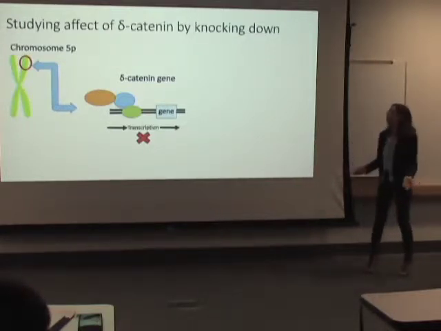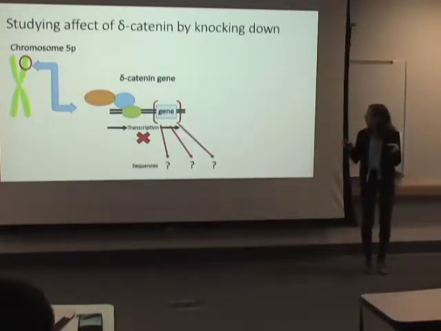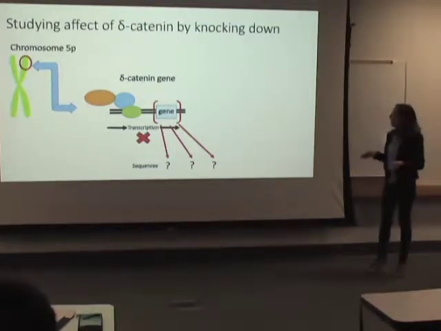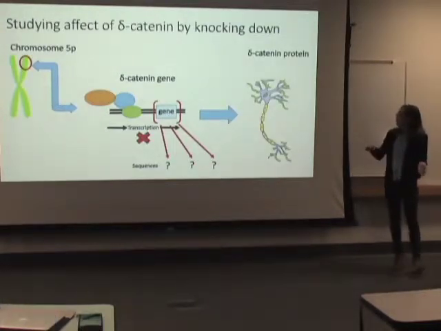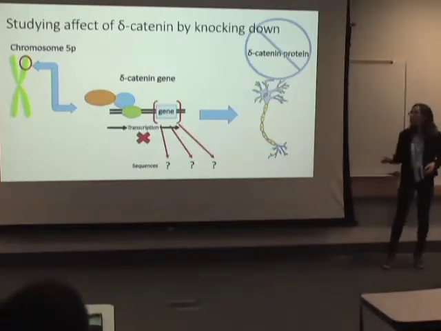So the bigger project here is to understand the downstream consequences of when delta-catenin is knocked down in stem cell-derived human neurons. The gene is located on chromosome 5.